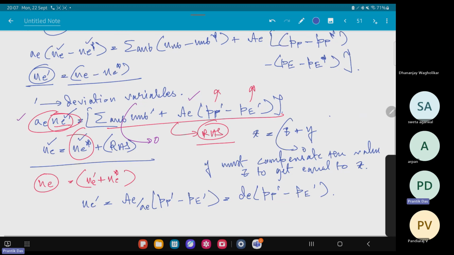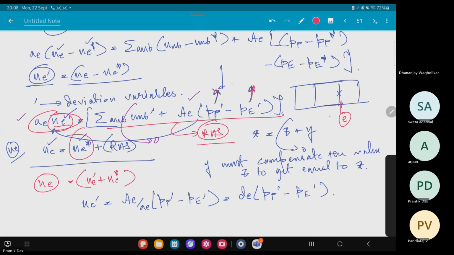If I know the value of PP prime and PE prime, I can directly put it in the equation and determine the true value of EV, which is the value of the velocity at the staggered cell face, small e. Is it clear to all of you? Yes, sir.